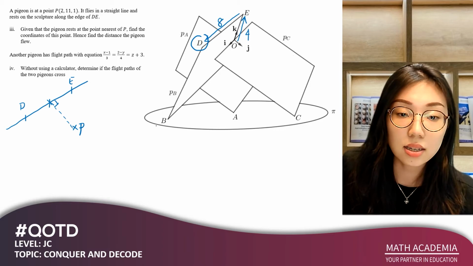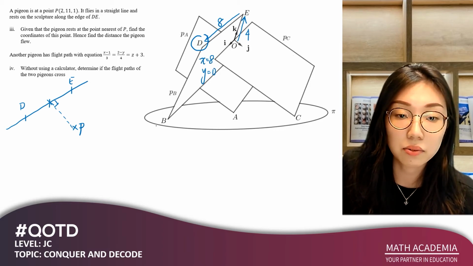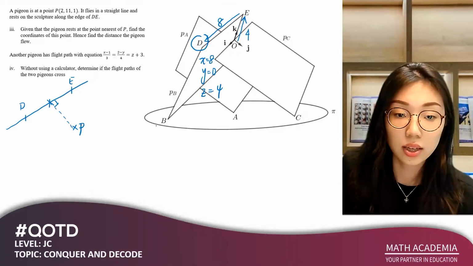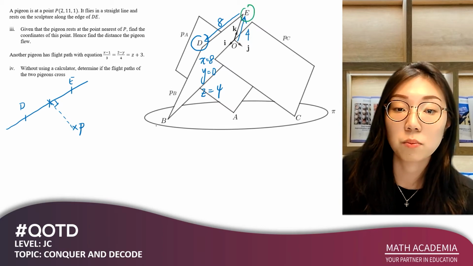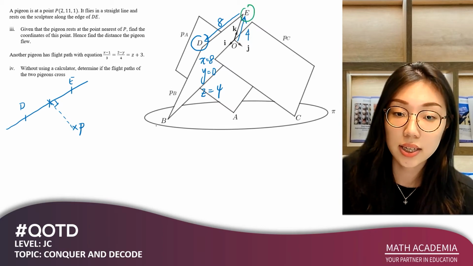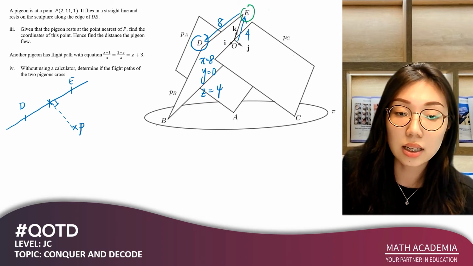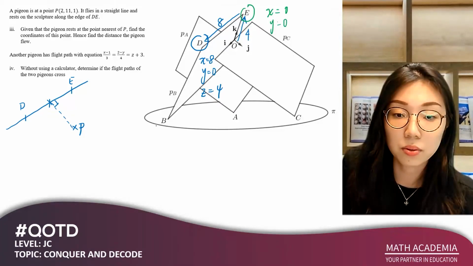So D would have x equals 8, y equals 0, and z equals 4. For the coordinates of point E, I just move in the positive z-axis by 4 units. So therefore, for point E, x equals 0, y equals 0, and z equals 4.